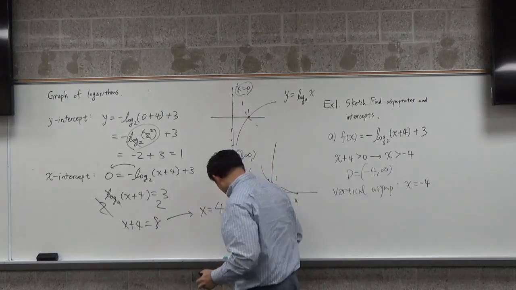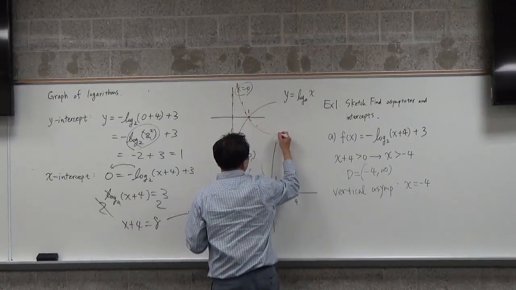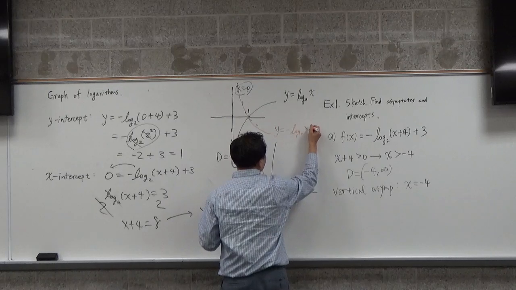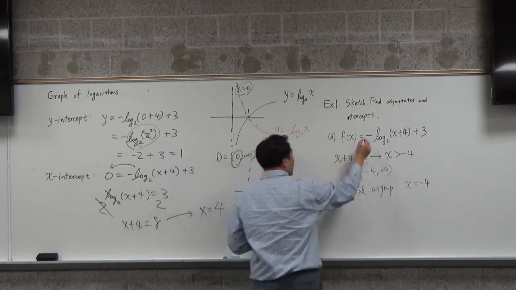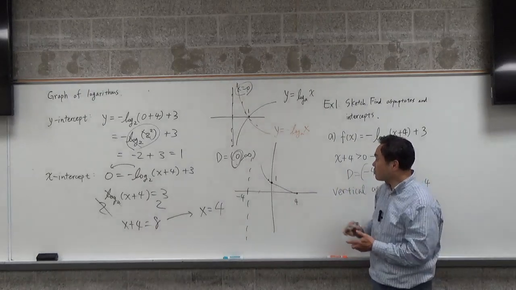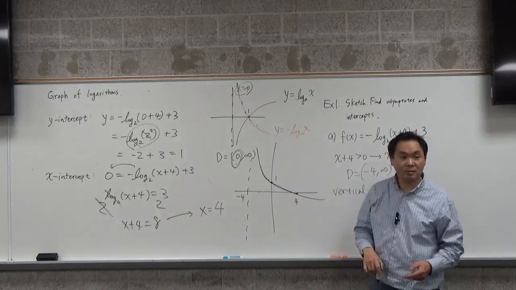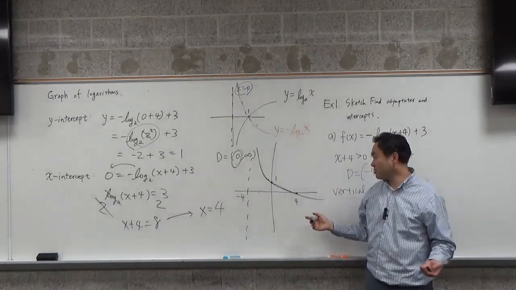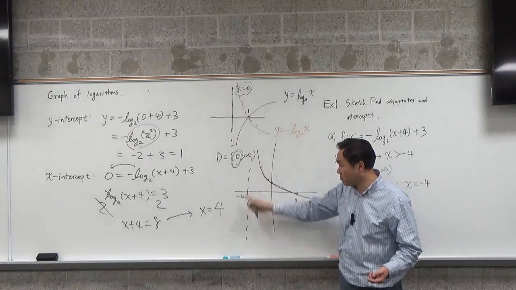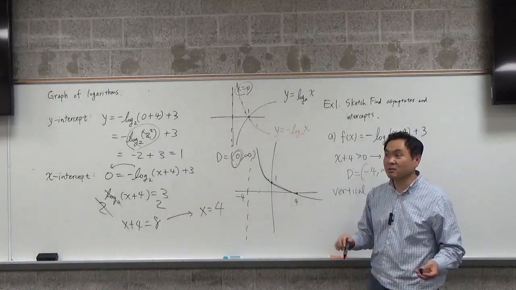Okay, maybe I should put a different color. So this here would be the graph of y equals negative log a of x, right? So if you have a negative in front, the shape of the graph should be this one, right? So that's why you know that the graph should be like this. Okay. And that's it. That's the only kind of graph that would have this as the vertical asymptote and these two as the intercepts. Okay. All right, that's all for today.